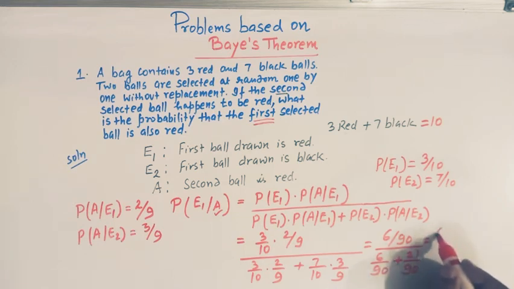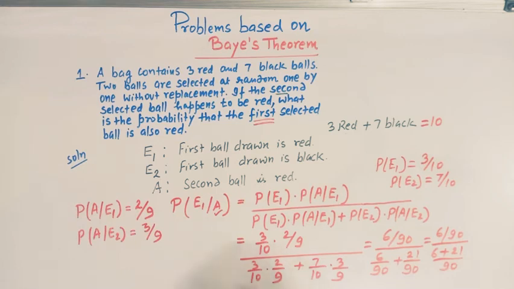So this is 6 by 90 divided by (6 plus 21) divided by 90, and this is equal to 6 by 90 divided by 27 by 90.